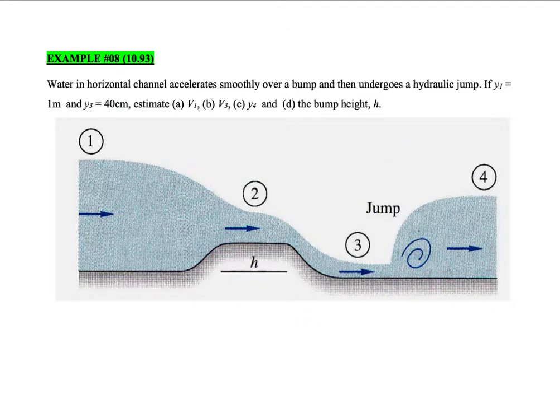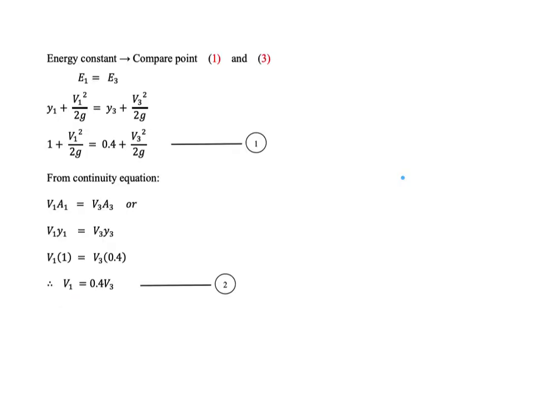The question gives us the value 1 meter here, and we have 40 centimeter at point 3, and y4 is the unknown here. Because point 1 and point 3 are already given, we compare the energy for point 1 and point 3. We substitute all the values and we get equation number 1.